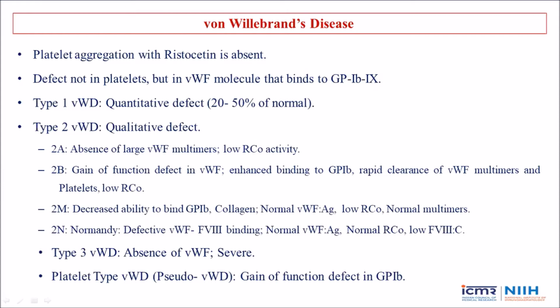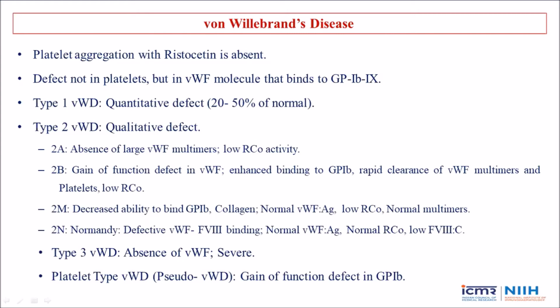And then type 3 is the most severe one. There is absence of von Willebrand factor, leading to severe bleeding tendencies. Then the last one is the platelet type von Willebrand disease. Here it is called pseudo VWD because the problem is not with the von Willebrand factor, but it is because of a gain of function defect in the GP1B receptor.